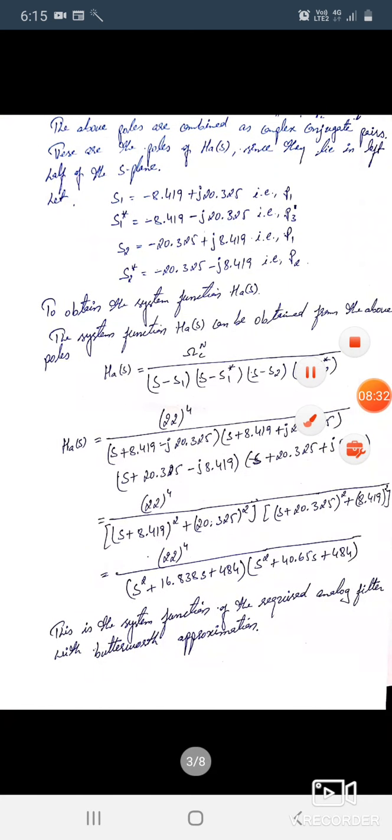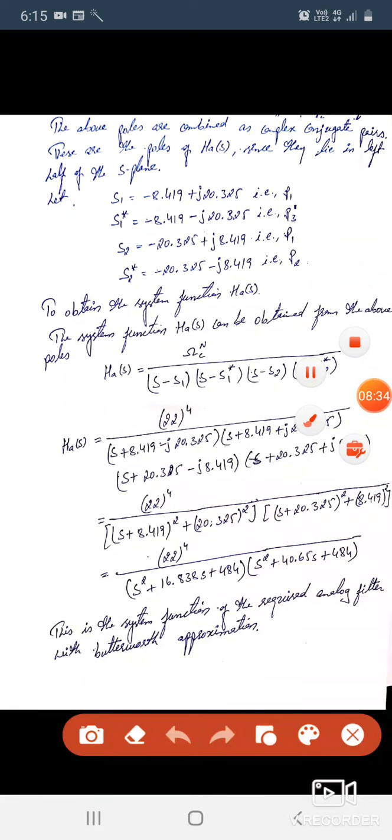After getting your values, what you have to do? We are going to combine all the things. We take S1 from P1 as minus 8.419 plus j20.325. Then S1 star means the complex conjugate, and then S2 as the P1 value, that is minus 20.325 plus j8.419.